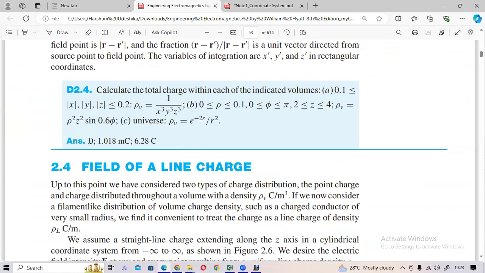Zero. Calculate the total charges. Total charges means we have to add them together, no? 225 plus 225.